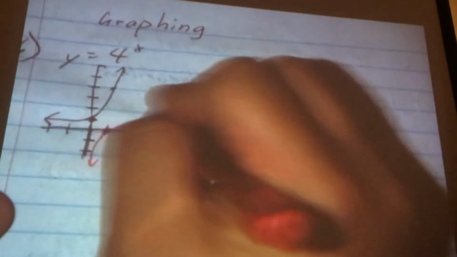So what's one of my points? 1, 0. What's another one? So if this was 1, 4, then my inverse point is 4, 1. So your homework's going to ask you to graph the inverse of it.